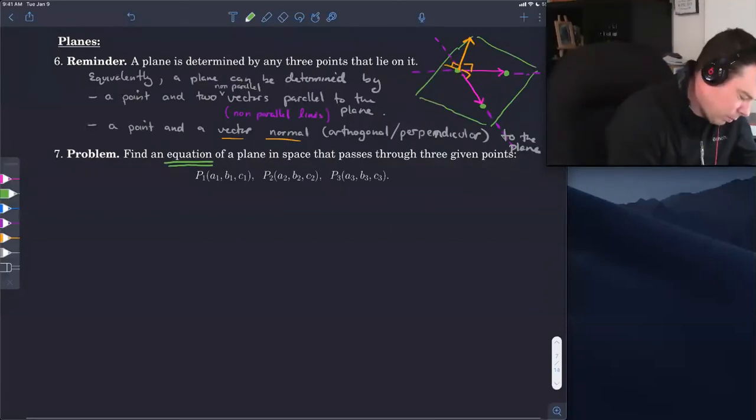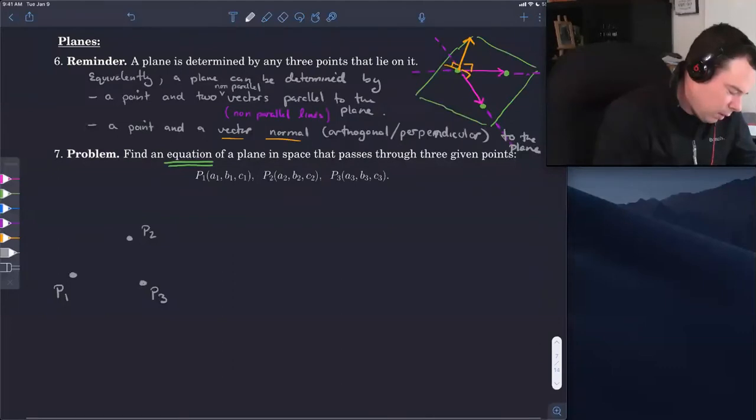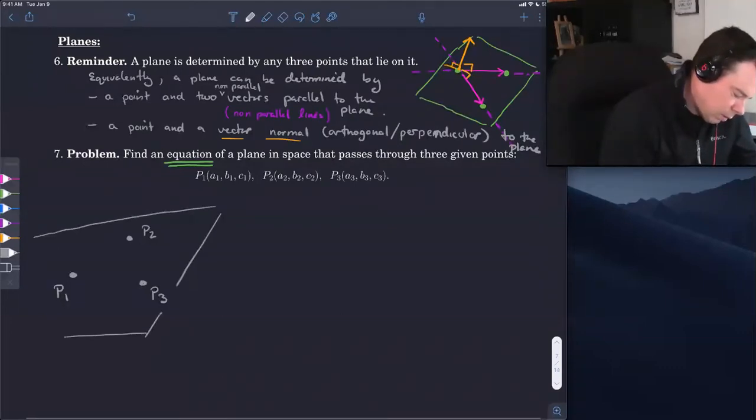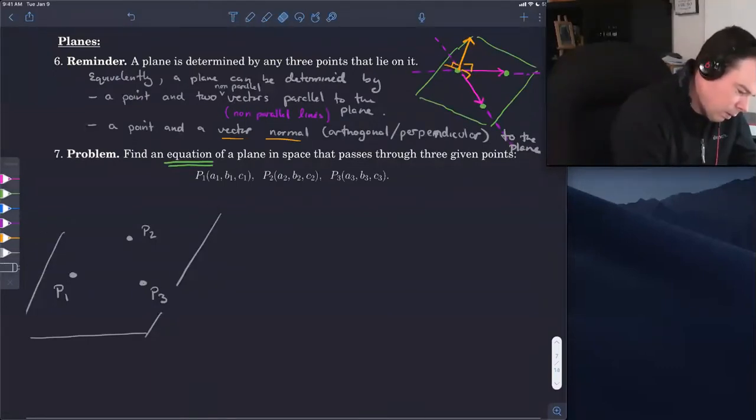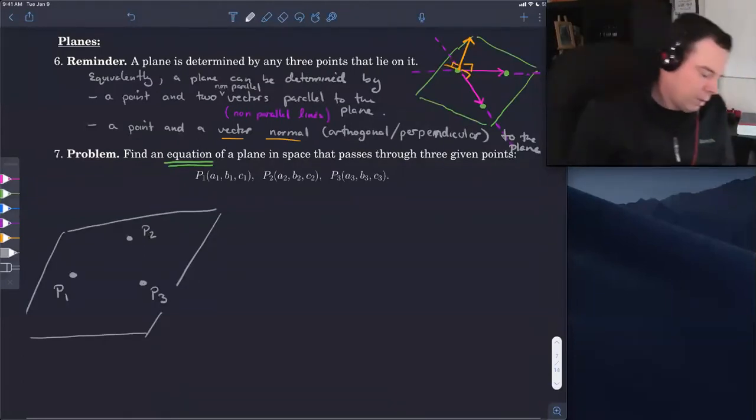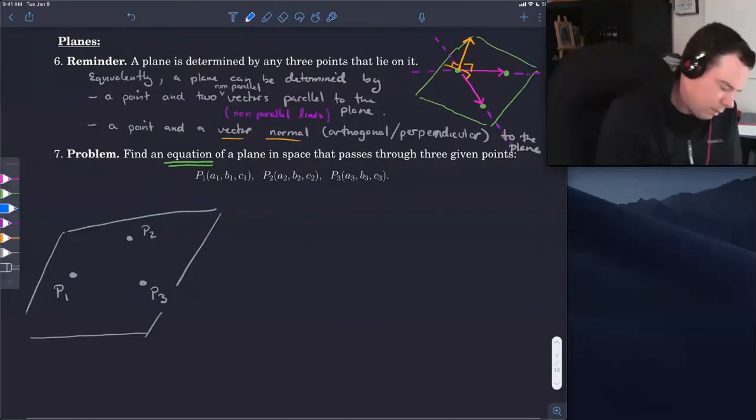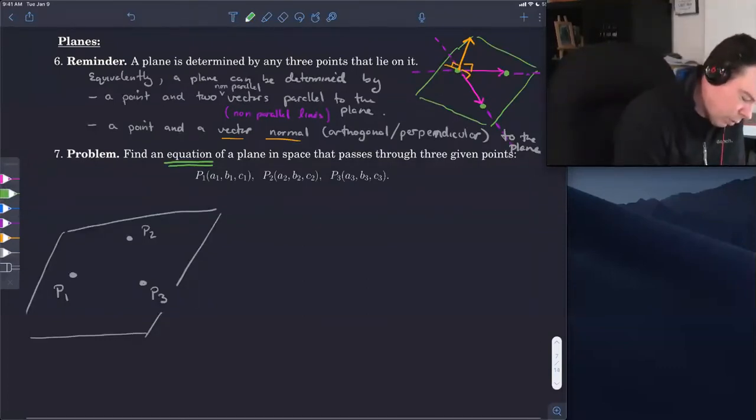Well, let's just get a feel for the situation by plotting our points. So we got P1, say P2, P3. They're going to define some plane. So we'll sketch a plane in the background that they live on. Maybe something like this. And now suppose I had a point Q that lived on that plane.